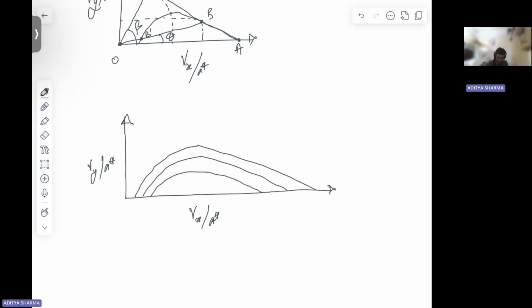Your Mach is increasing in this direction. Let's say this is M1, this is M2, and this is M3. So your M3 is greater than M2 is greater than M1. So this is the effect of Mach number on the shock polar.